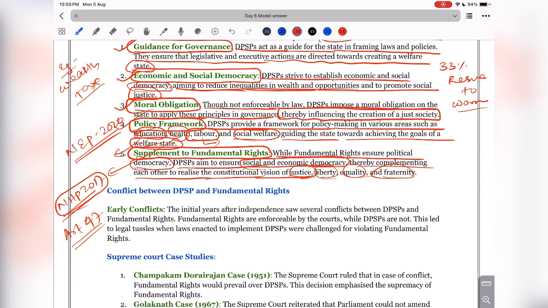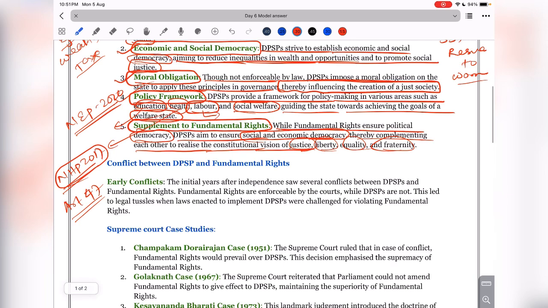But if we implement DPSP, it gives a real motivation for the state to ensure not only political justice but also social and economic justice. That means we should ensure that women, tribal people, people from the scheduled caste, backward section, transgender, all should take part in the political process. They should enjoy all their rights equally.